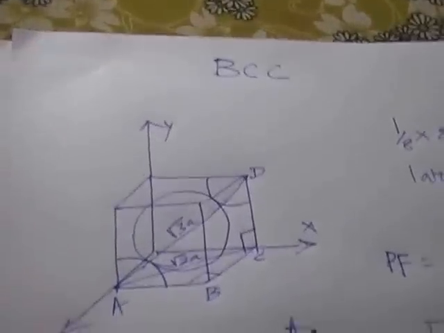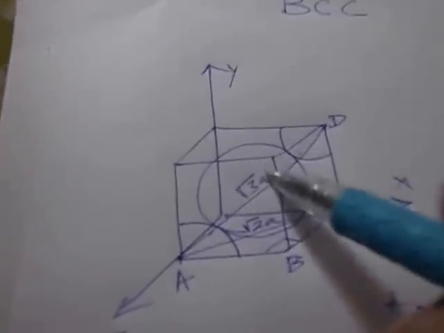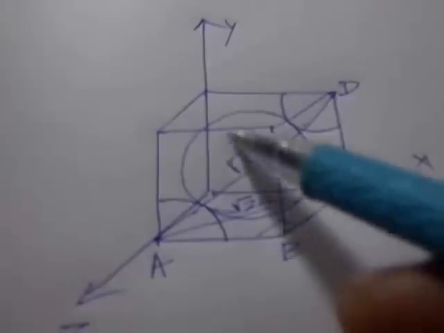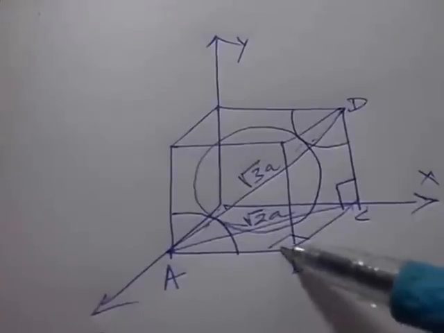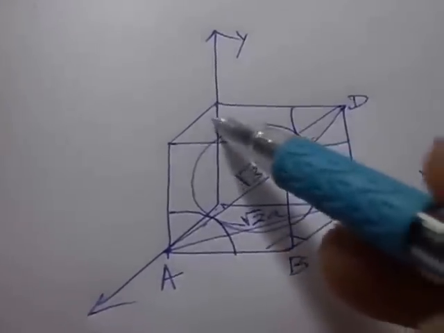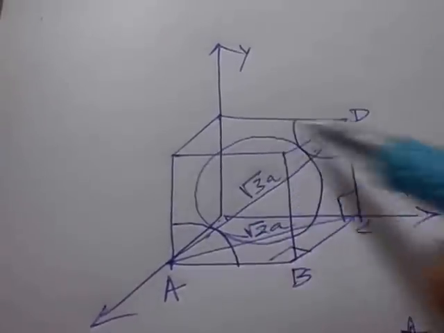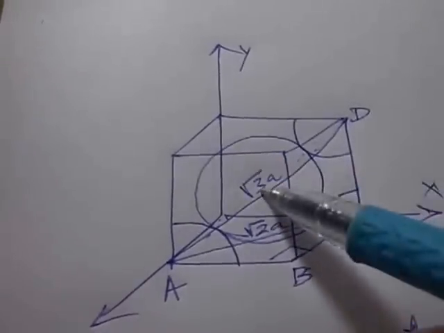Well, now we can go ahead to the coordination number for BCC. In this figure we could see that the body centered atom is in contact with all the corner atoms. In the ceiling there are 4 atoms in the corners that are in contact with the body centered atom.